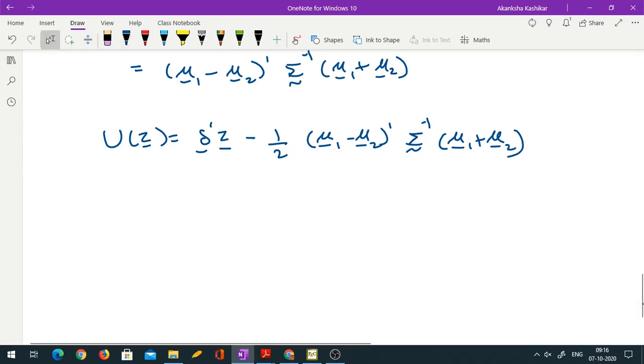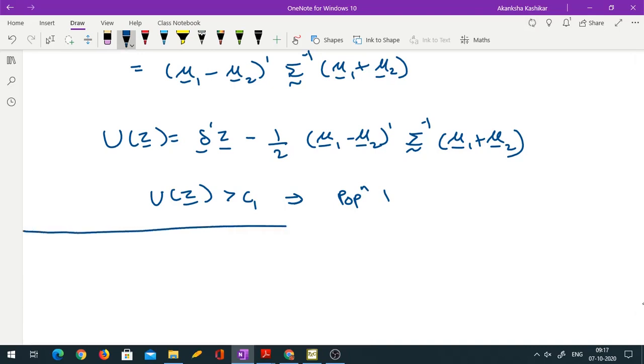Okay, so if this is my uz, my criterion can be: if uz is greater than c1, then assign to population 1. Notation doesn't matter, c1, c, whatever. So now I have to derive the value of c1.